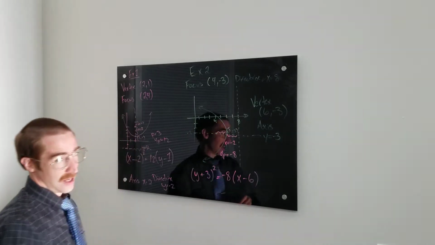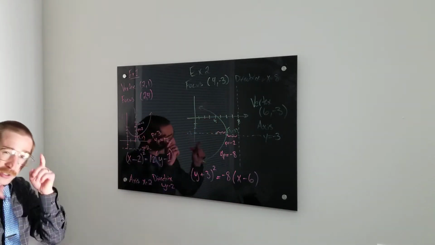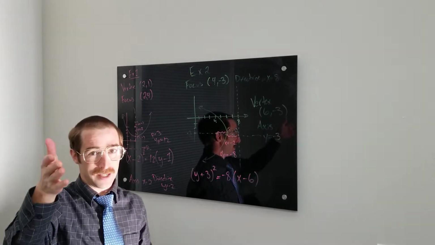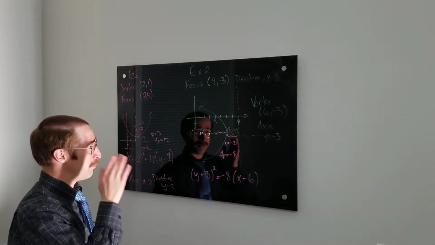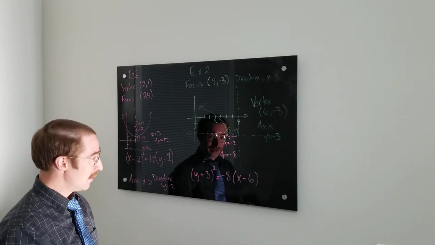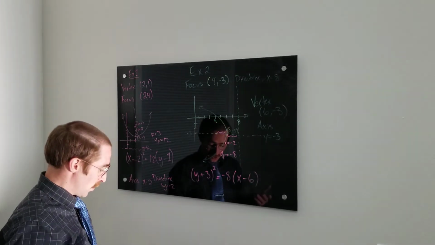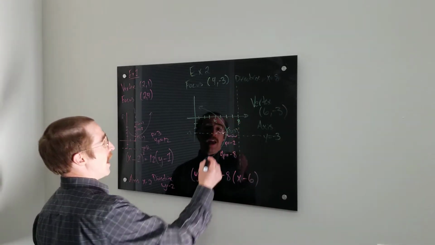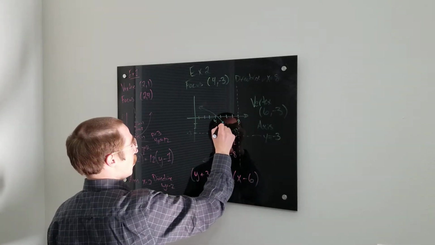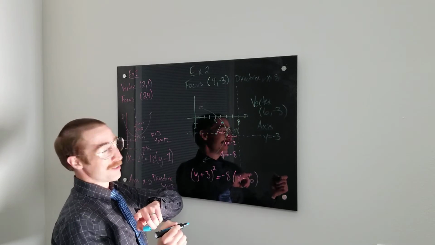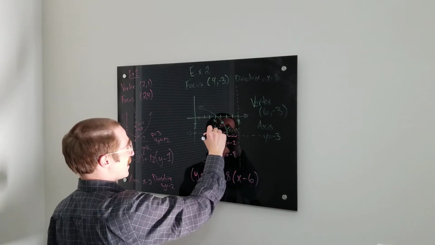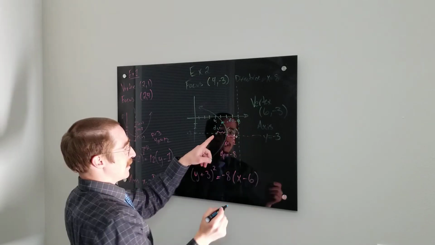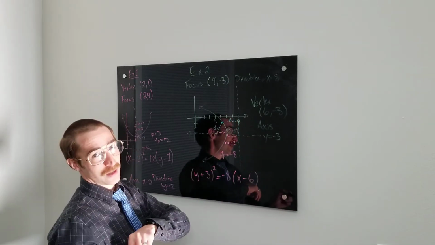So negative 8. Now, something I forgot to point out earlier. Every point on this parabola, this is another thing that makes parabolas beautiful. Every point, like that point there on the parabola, this distance from the focus to the point is equal to the distance from the point to the directrix.